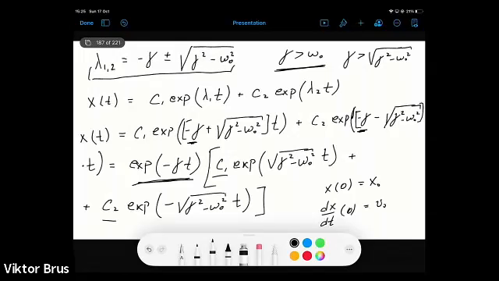So we will have just two terms which will exponentially decay over time. So we don't have any periodic component here, and it means that if we take the system, block, string, out of equilibrium condition in the overdamped case, there will be no oscillations.